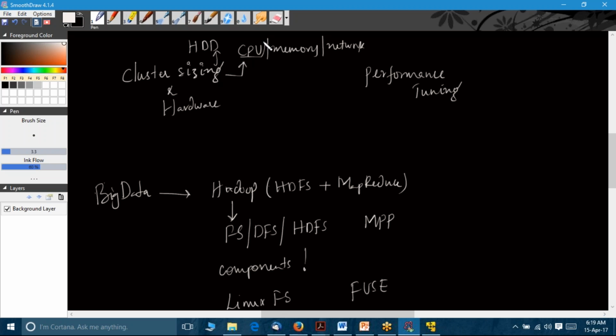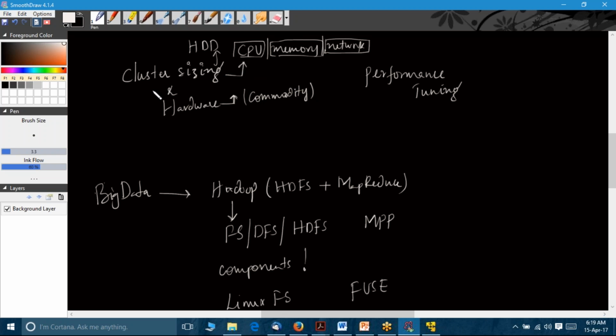CPU for the sake of your computing, memory for provisioning your processing directly or indirectly, network for the sake of performance in transferring the data. This is purely hardware. Of course, here we have a lot of choice, because Hadoop is basically meant to work against commodity hardware. So we don't have any problem towards that.